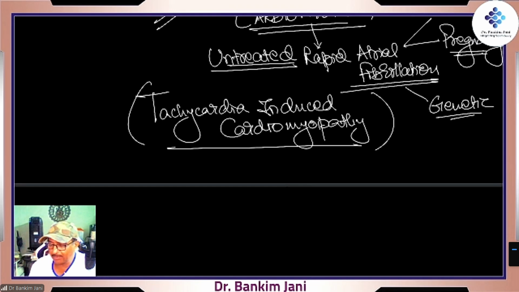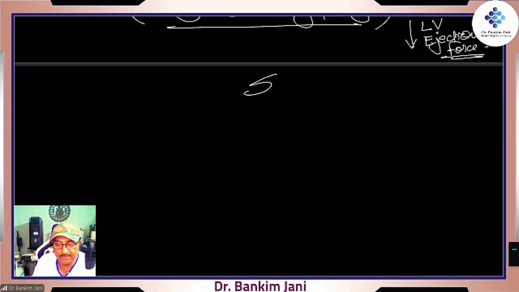And then it leads to decreased left ventricular ejection fraction. That is decreased. So this means her heart is now going towards systolic heart failure. You got the idea? Systolic heart failure.